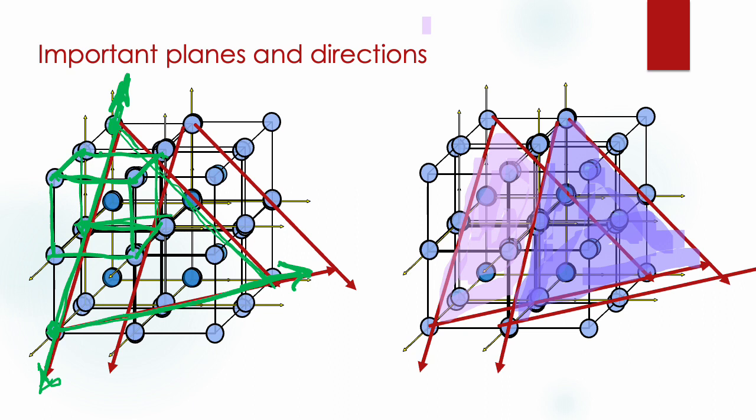And you can see that those three directions created a plane, and that I've got a plane above it. So there's two planes here, darker purple and lighter purple. And those are the planes that would slide past one another during deformation. So deformation occurs when certain planes slide past one another in certain directions.